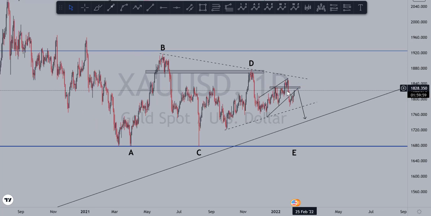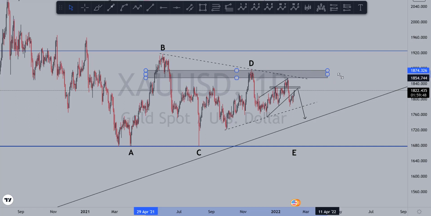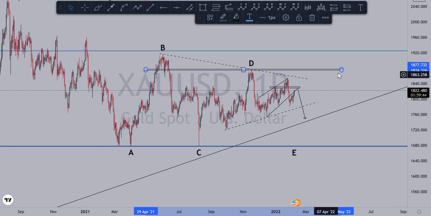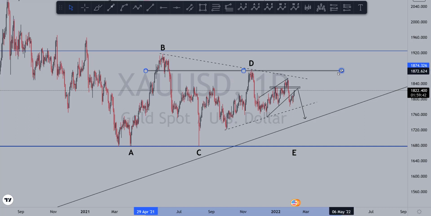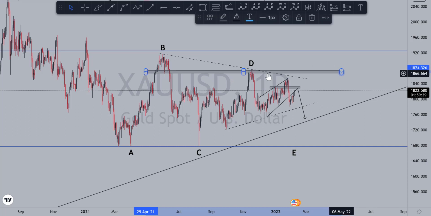I'm not expecting gold to trade through this to the upside. If it trades through to the upside, then I will only be involved in that buy if they come above this resistance area that we have just indicated there.